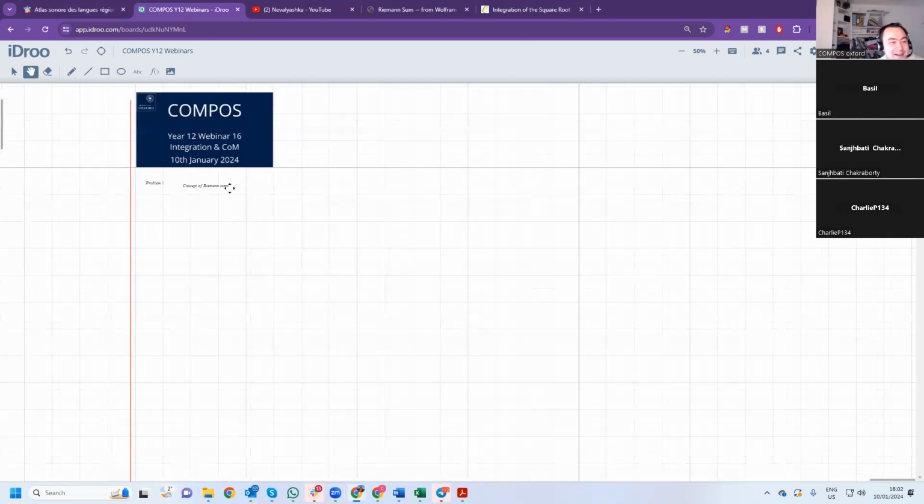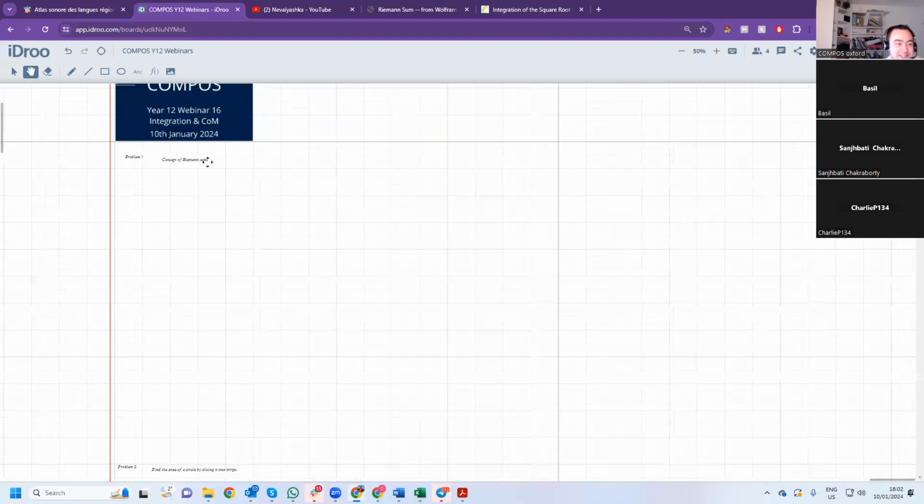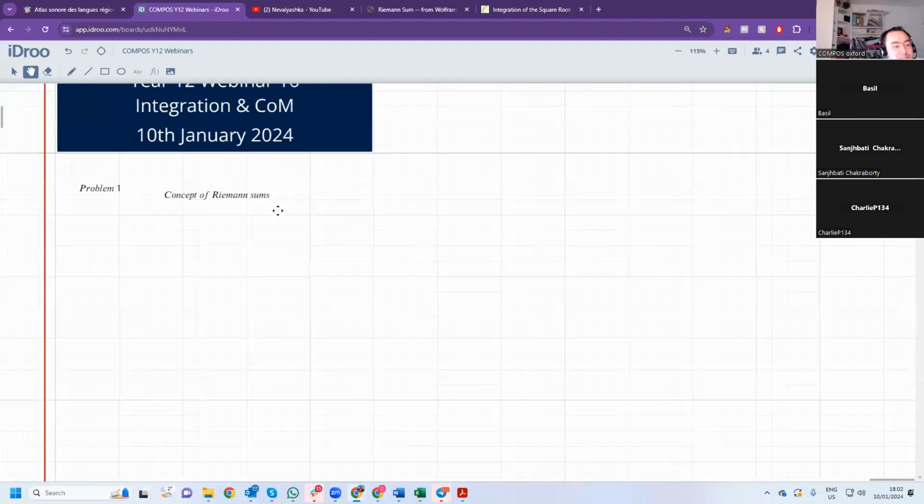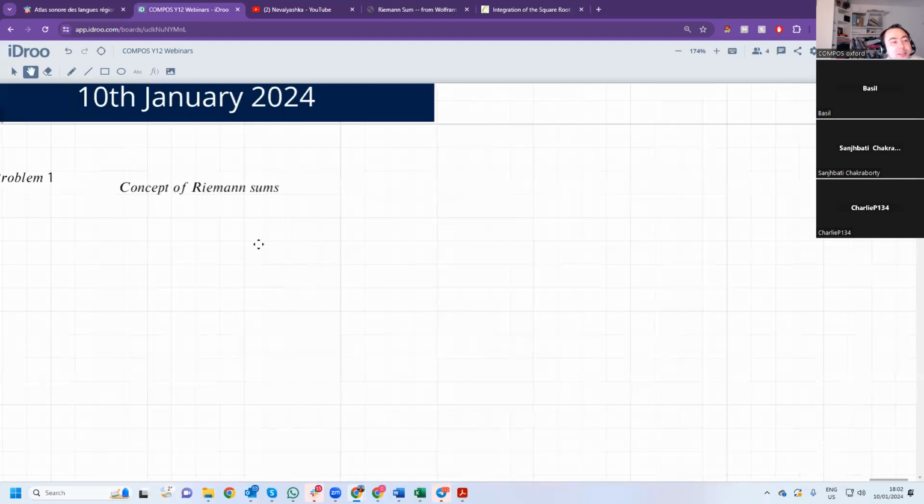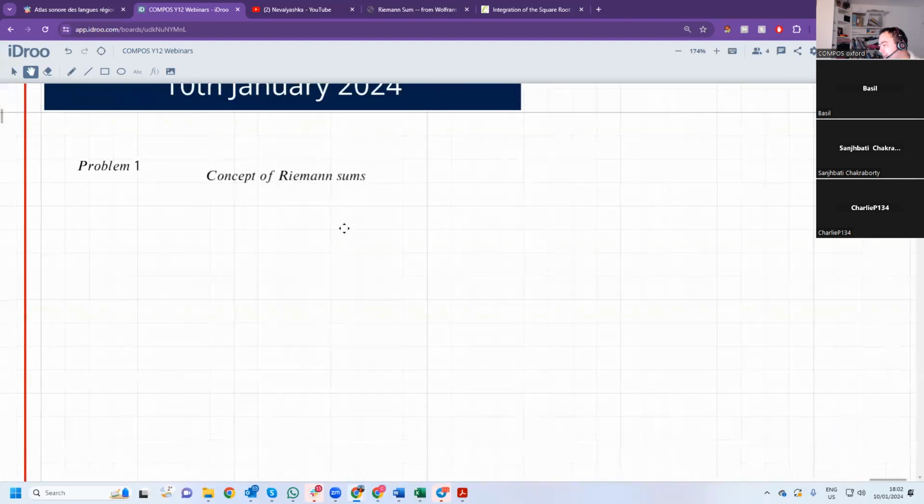So first, the concept of Riemann sums. What are Riemann sums? If you type 1 if you think you have a good understanding of Riemann sums, and 0 if you think you don't.